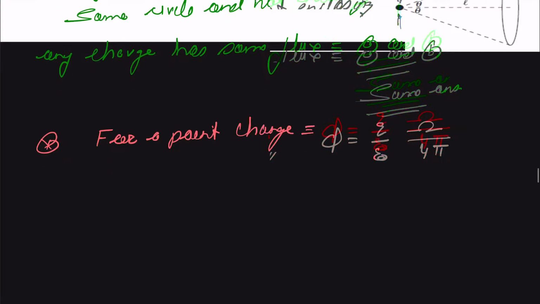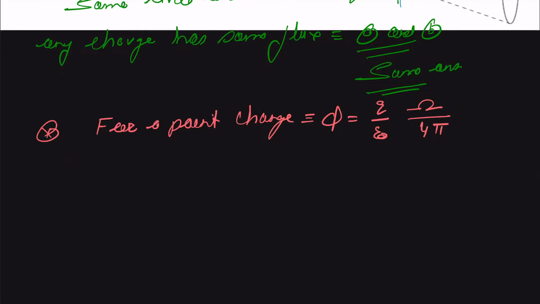Okay. And this solid angle omega is defined as a solid angle subtended by the surface on the charge.